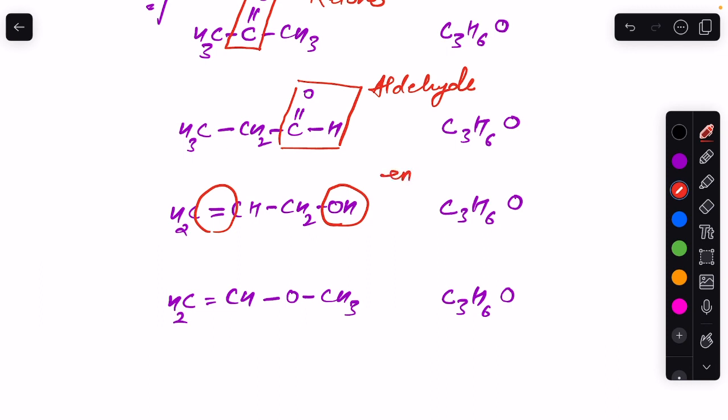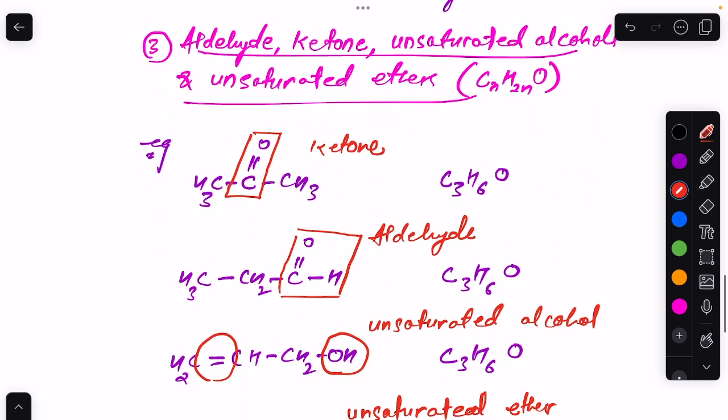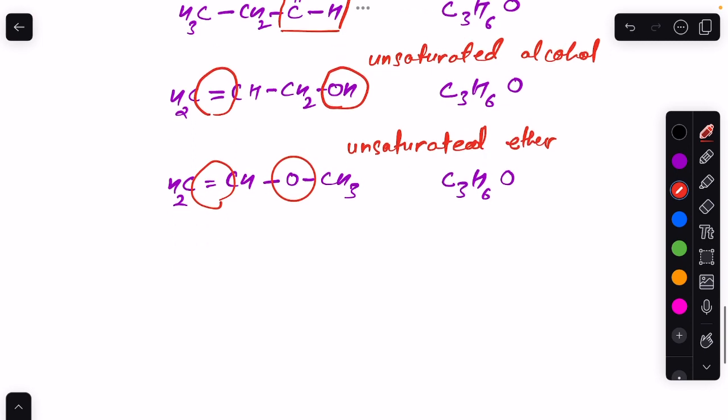That means this is enol or unsaturated alcohol. Next one is with O, which is directly connected to two different carbons, and the main chain is doubly bonded. That means this is unsaturated ether. So all of these are functional isomers of each other.